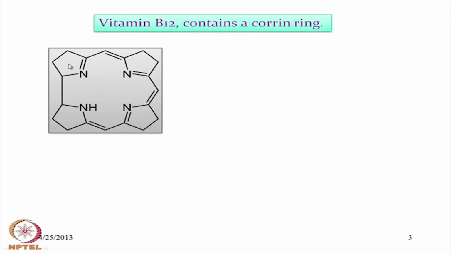So, we have these particular rings. This is a fully reduced ring, and we can compare its nature with the porphyrin, because the structure would definitely be different when it is in the free state, that means, when it is not bound to the metal ion. In the free state it has a different structure, and this particular connectivity is also different.